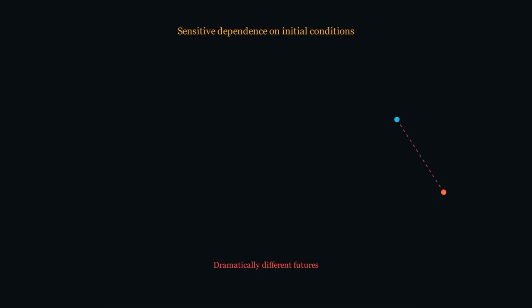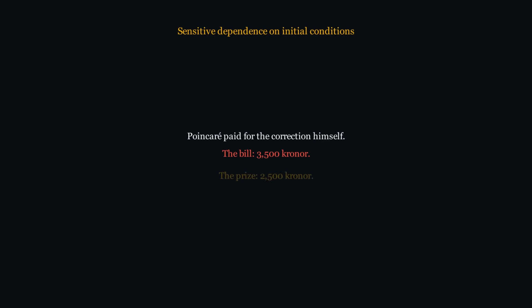Poincaré paid the correction and reprinting costs out of his own pocket. The bill came to 3,500 kroner, more than the 2,500 kroner prize he had won. What he uncovered was something profoundly new. Deterministic equations can produce behavior whose long-term evolution depends exquisitely on initial conditions.